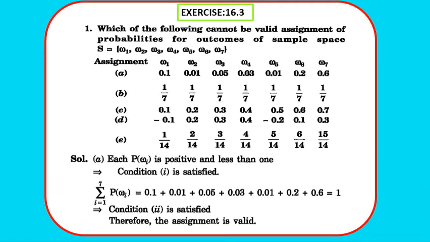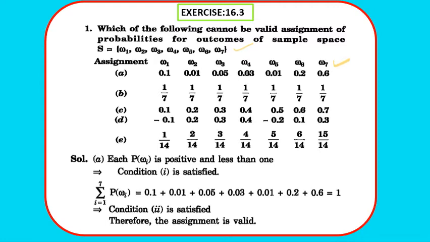Now question 1 is, which of the following cannot be a valid assignment of probabilities for outcomes of a sample space S, which is omega 1 to omega 7. We have a total of 5 cases A, B, C, D, E, and we have to check which of these will not be a valid assignment of probabilities.